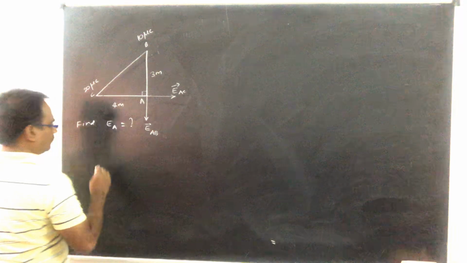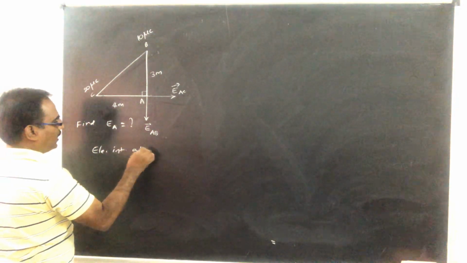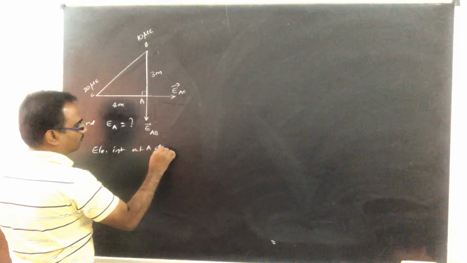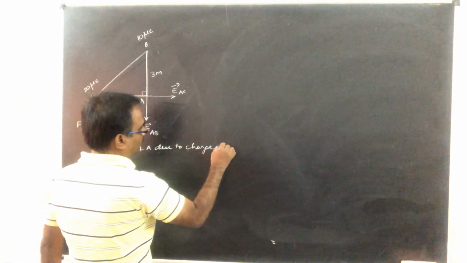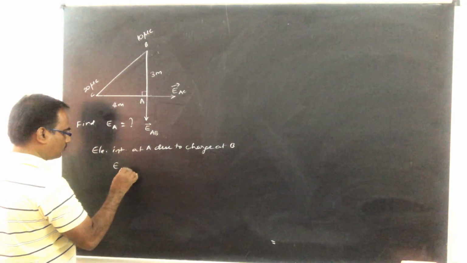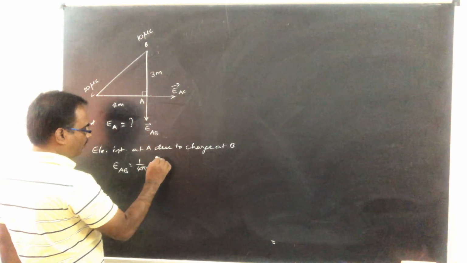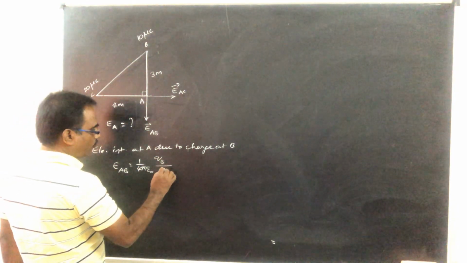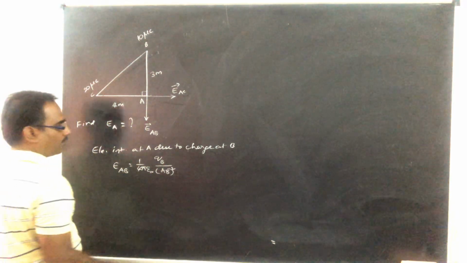So first, electric intensity at A due to charge at B, EAB is 1 by 4 pi epsilon naught QB divided by AB whole square.